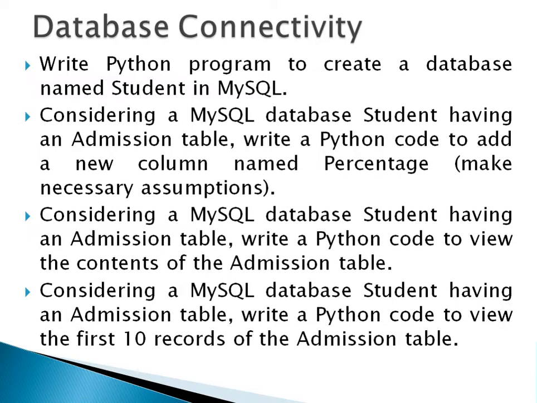In the previous question we used the fetchall function, whereas in this question we will be using fetchmany, and in brackets we will write 10. The fetchmany function is used to fetch a given number of records from the table. Those 10 records will be fetched in a result set object, and you will iterate through that result set object using a for loop, and then use the print command to print all the records.